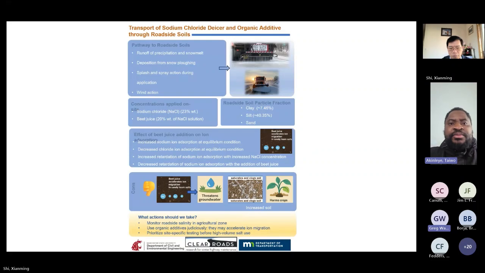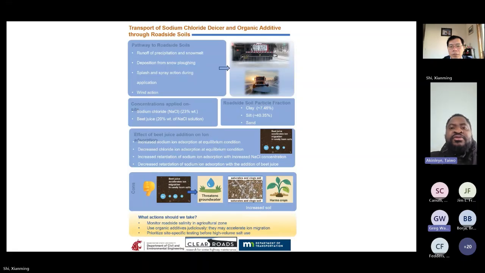And if we start from the top part, what are the potential pathways for chloride salts into roadside soils? And they are basically from runoff of precipitation and snow melt actions. And during plowing activities, you can have these salts being deposited. Also in splash and spray events.